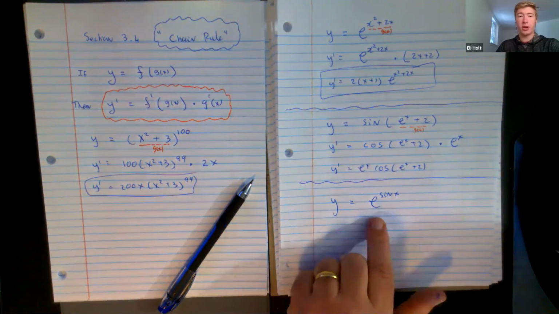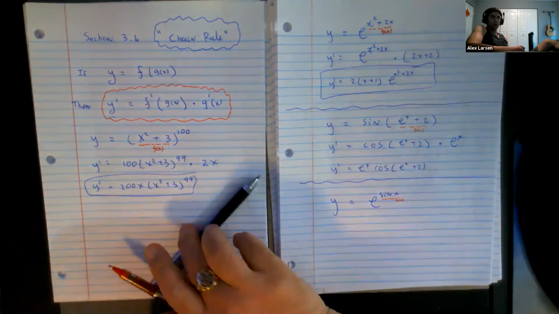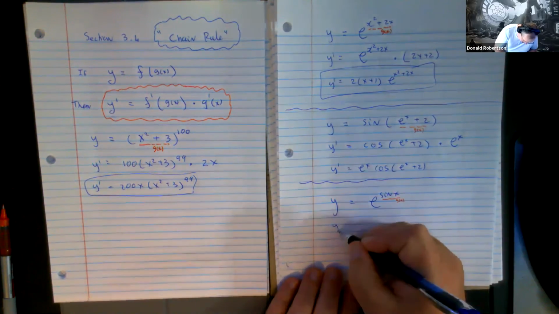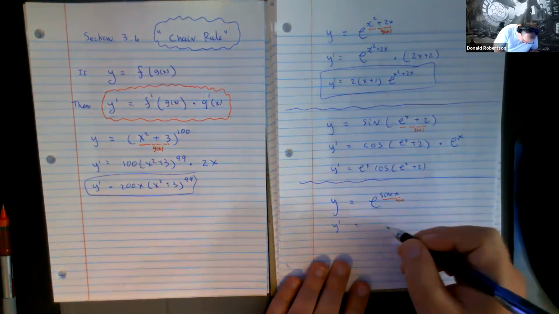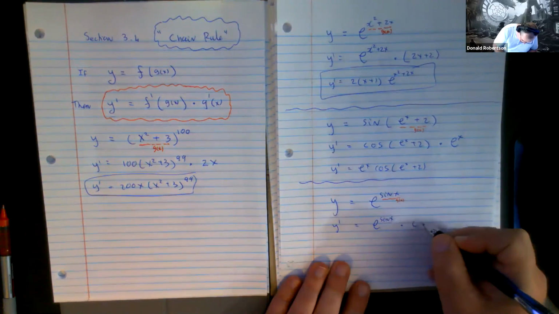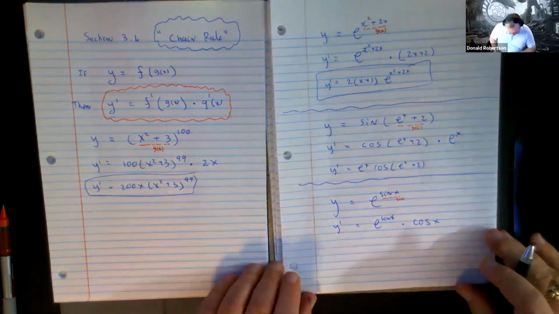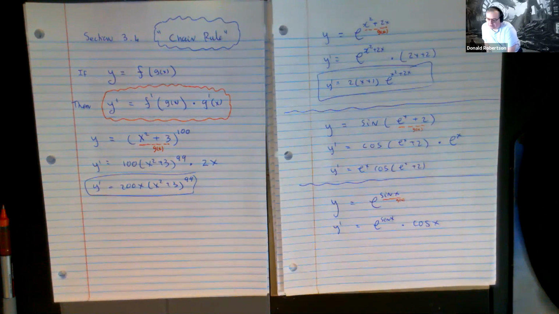The sine of x. Yeah. So e to the something, what's its derivative going to be? Well, the derivative of e to the something is e to the something times the derivative of that guy. And that looks pretty good. I'll leave that alone.